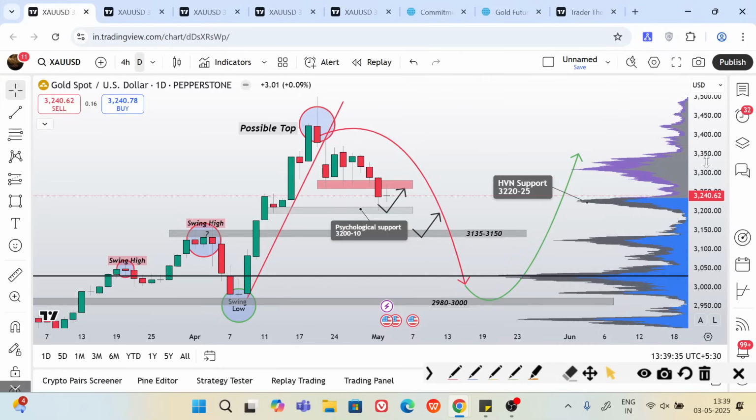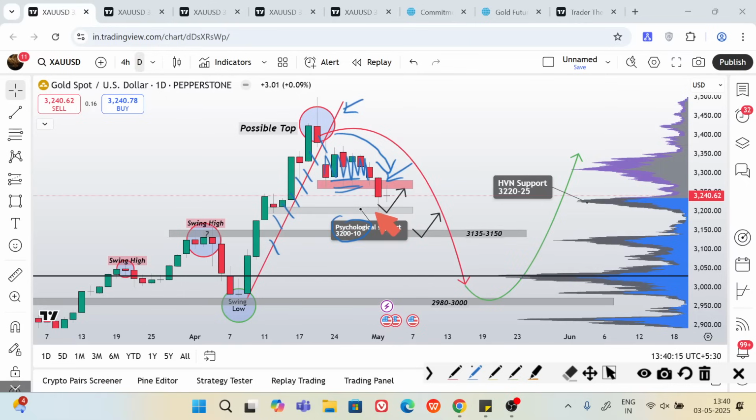If we look at the overall picture, the price is currently moving down and is in a correction phase, because in previous days the price was moving along this red support trend line, but after the breakdown from here we saw some consolidation in this area. Now the price has broken down from this support and tested the psychological support that we saw in the previous week.